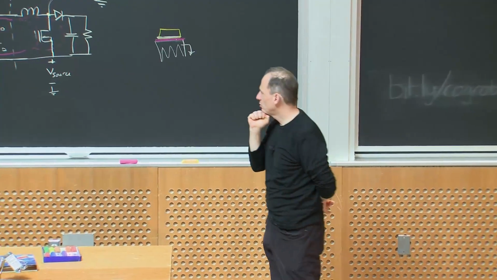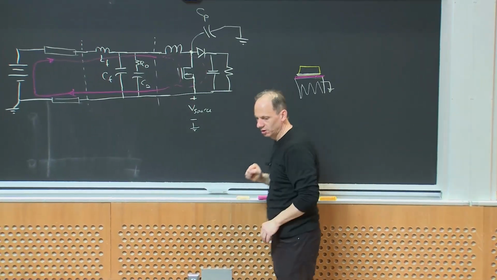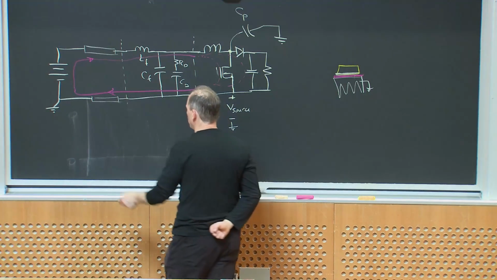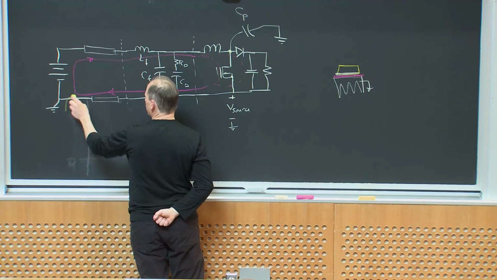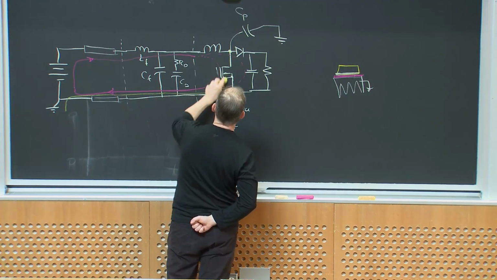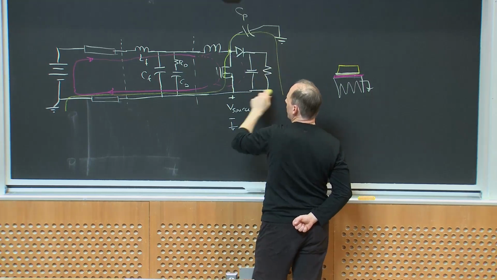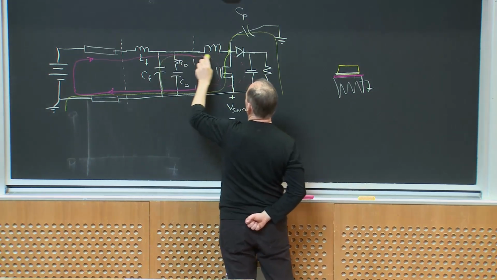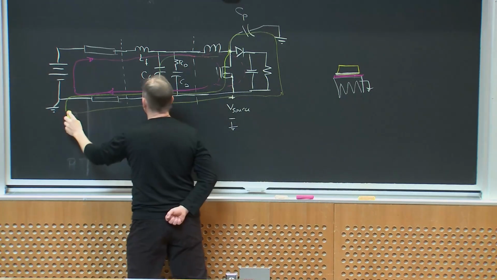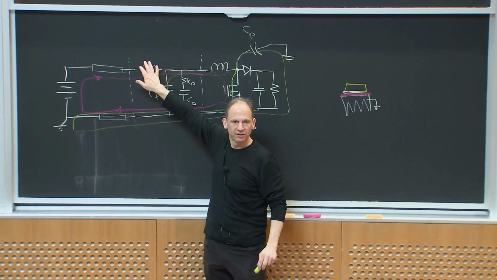And so you have this opportunity to have another current path that goes something like this. Current can flow through this lead, maybe even here, up to here and back to ground, or it could flow up through this capacitor and through this inductor back to ground. But nonetheless, there is at least one path that's not going through a filter inductor.